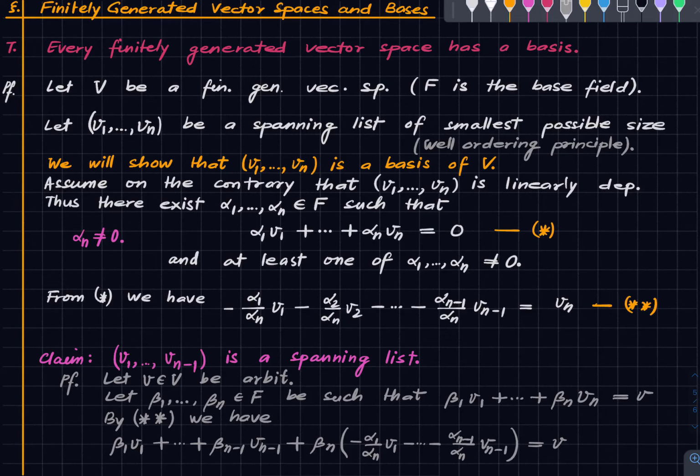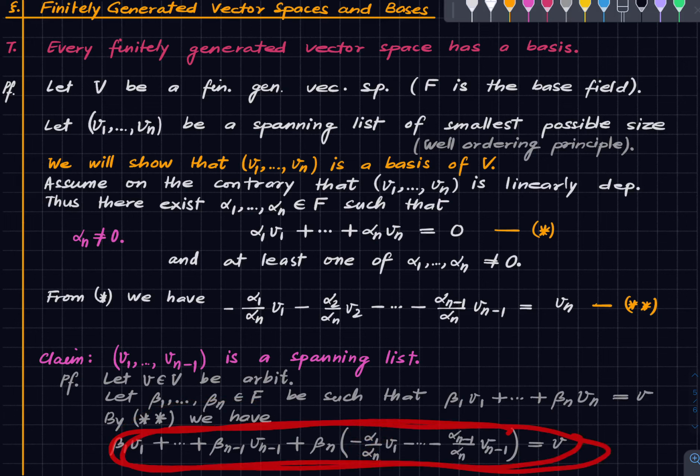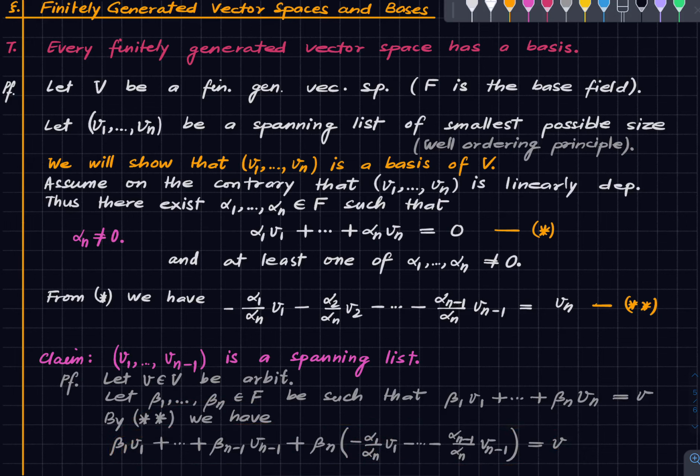Right? And now we just collect the coefficients. So we will collect the coefficients for v1, for v2, up to vn minus 1, and even from here you can see that v is actually in the span of v1 up to vn minus 1, but let's write it down.